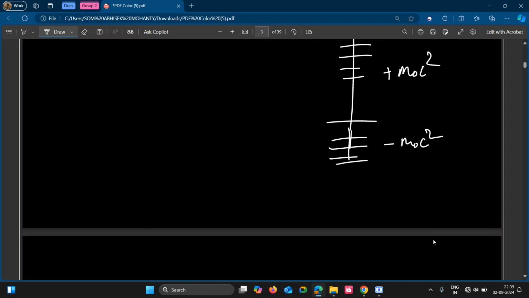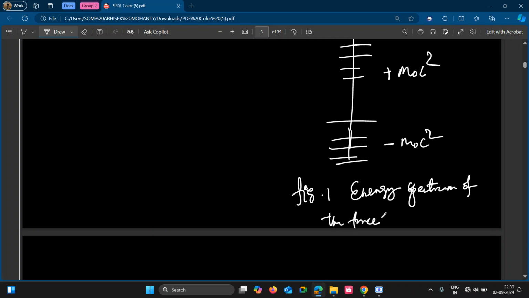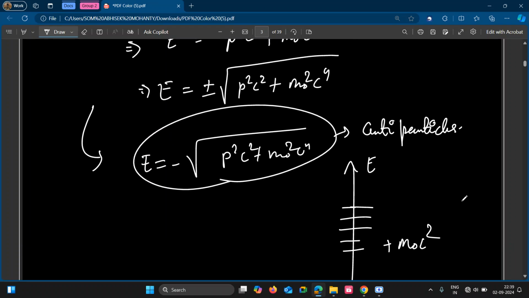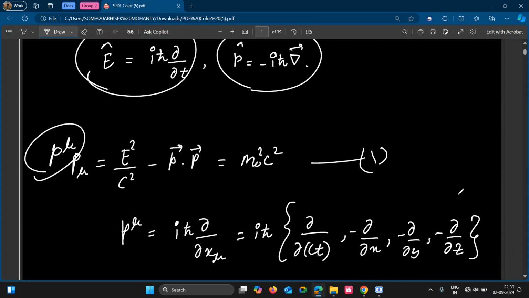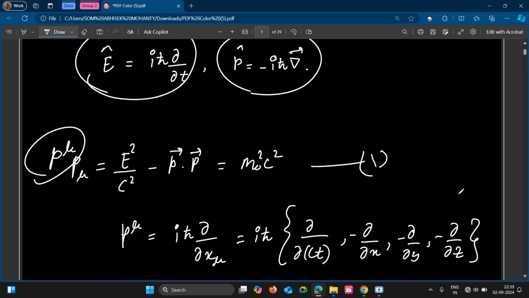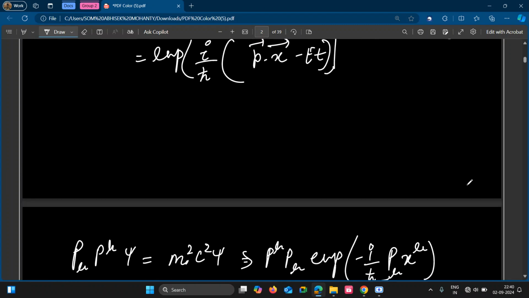So you can write it as the energy spectrum of the free plane Klein-Gordon equation, that is the KG equation. This is a bit mathematical, and you have to do it again and again to understand.